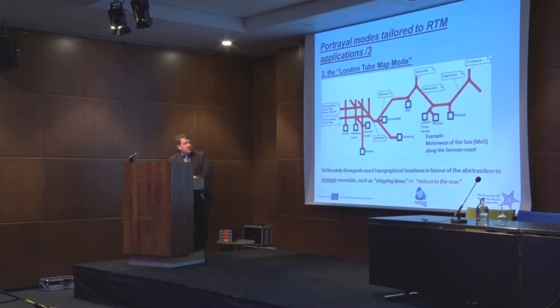This is the German coast with the motorways of the sea, ports, and the point is, as you can see, it still resembles some geography, but it's reduced to the max in terms of showing the traffic relationships. In a fashion which carries some information, we have additional classes of roads of the sea identified, which would have a different symbol.